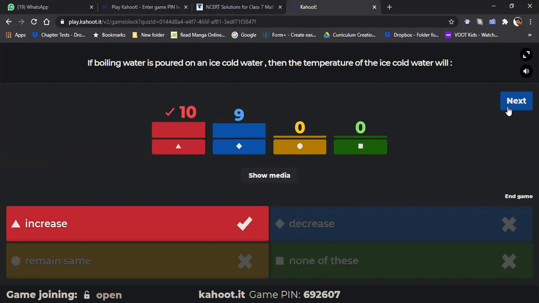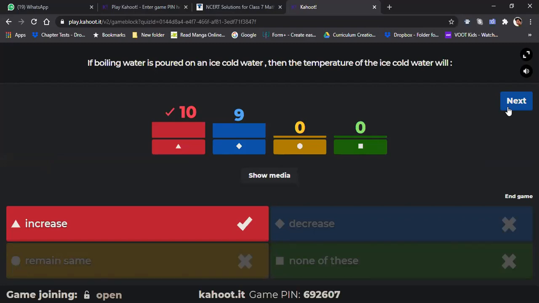Because we know that heat transfer takes place from higher temperature to lower temperature. Yes or no? So the object at lower temperature will gain heat and its temperature will rise, right?